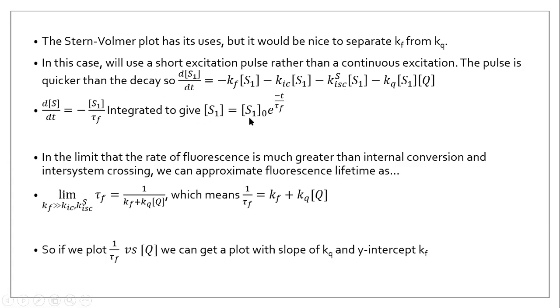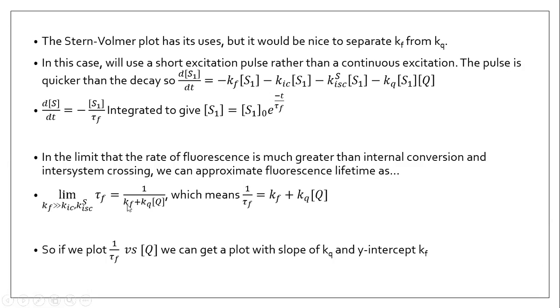We integrate this. We look at the concentration of S1 relative to the total S1, e to the negative t over tau F. In this limit, where the rate of fluorescence is greater than the internal conversion and intersystem crossing, we can approximate the fluorescence lifetime, since fluorescence is usually much faster.